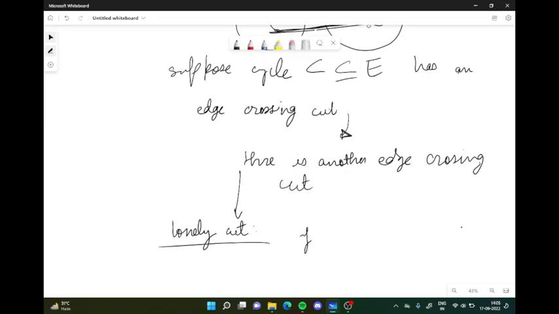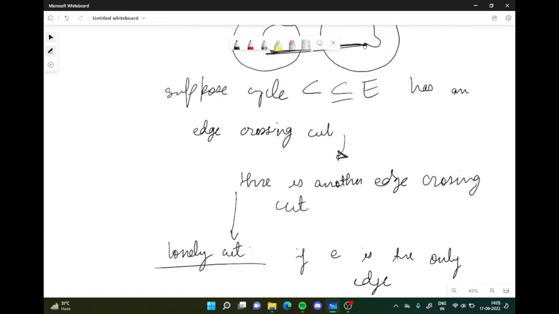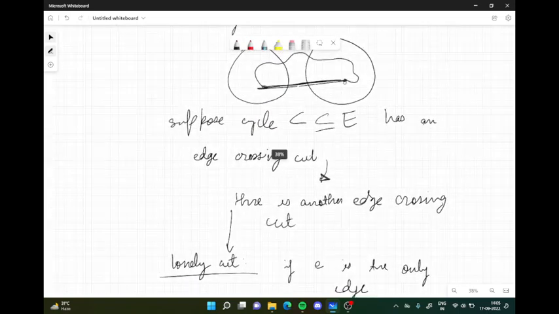So if E is the only edge crossing a cut, then E cannot be in a cycle, from the double crossing lemma.